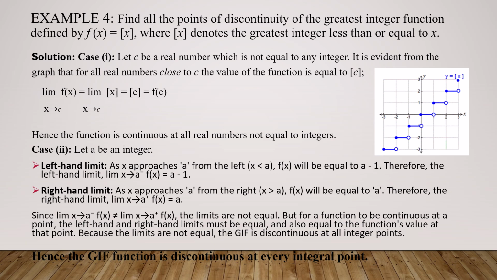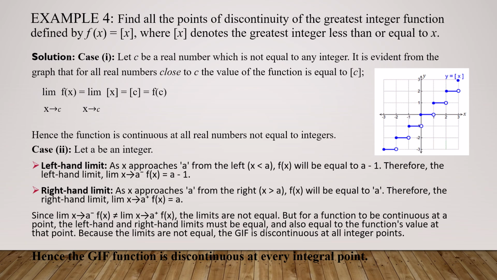Left hand limit means as x approaches a from the left side, where x is less than a. In this case, your box x, means f(x), will be equal to a minus 1. Correct? Therefore, the left hand limit x tends to a minus of f(x) is a minus 1. While for the right hand limit, as x approaches a from the right hand side, means x is greater than a, f(x) will be equal to a.